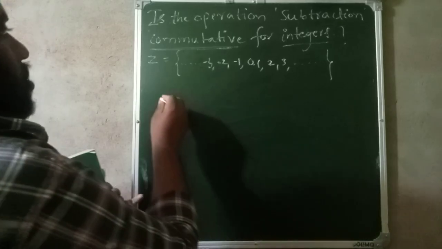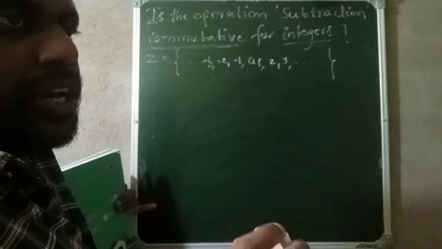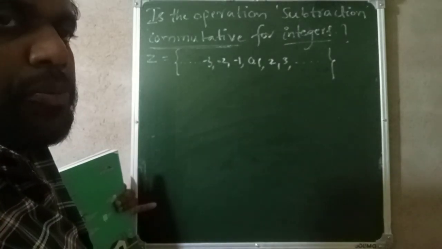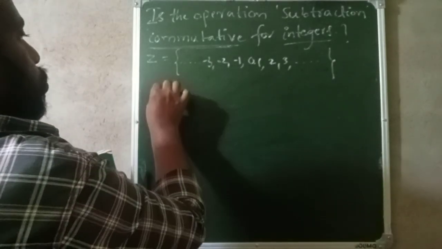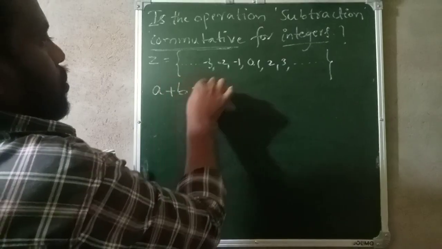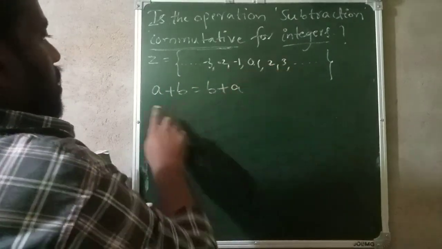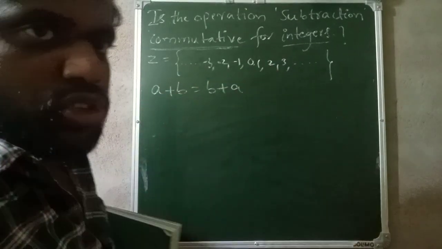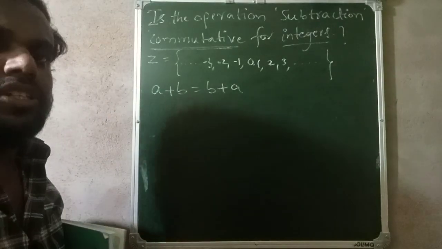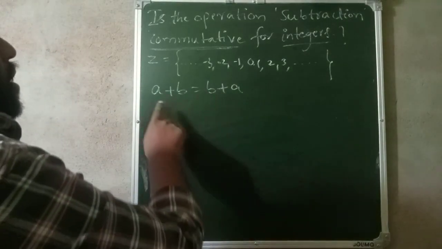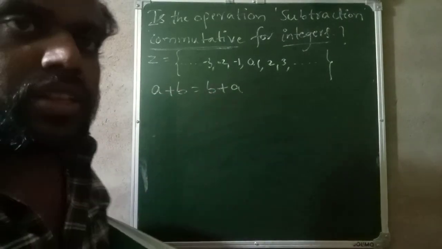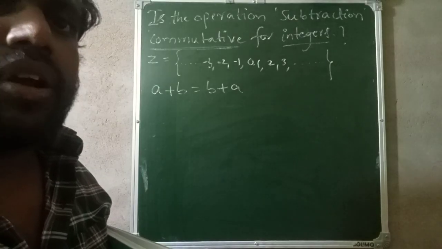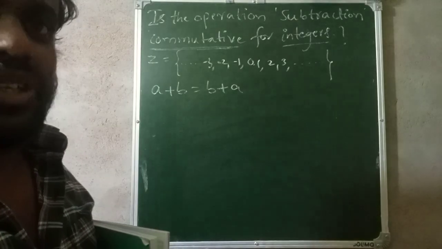When I say commutative property for addition, this is the rule: A plus B is equal to B plus A, where A and B are any integers. If you take any integers for A and B, and A plus B is equal to B plus A, that is the commutative property for integers under addition.